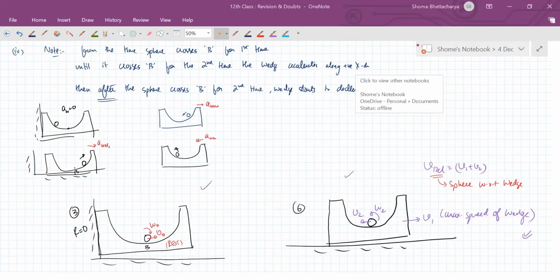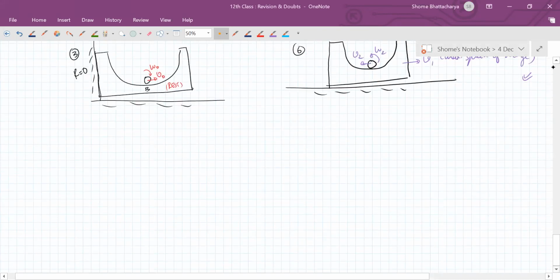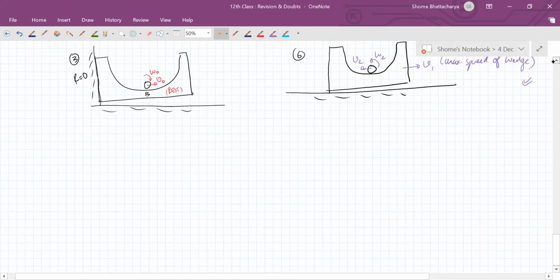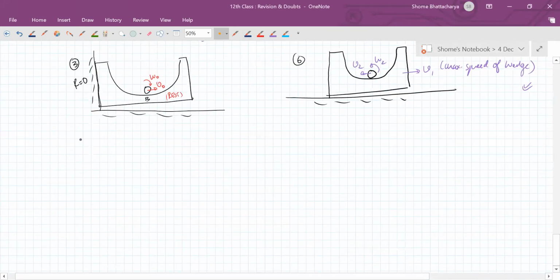Okay, so has anybody solved the equation to find out this V1? I'm starting to solve the equation, so please compare if you're doing the same. Okay. So between 1 and 6, we will do for the system, that is the wedge plus the sphere, conservation of horizontal momentum.